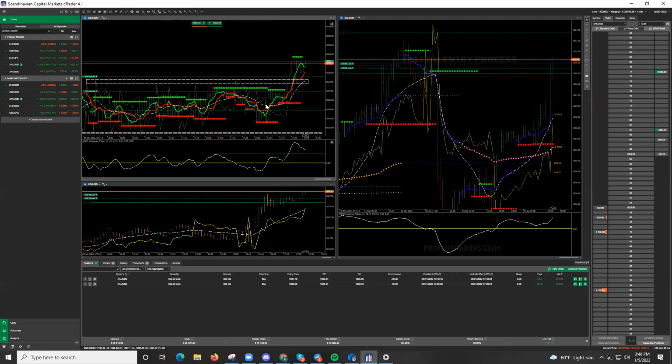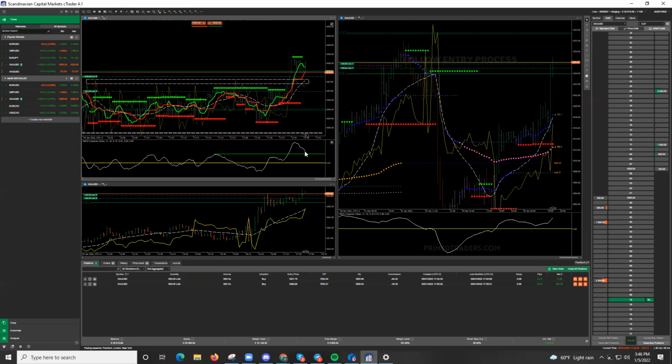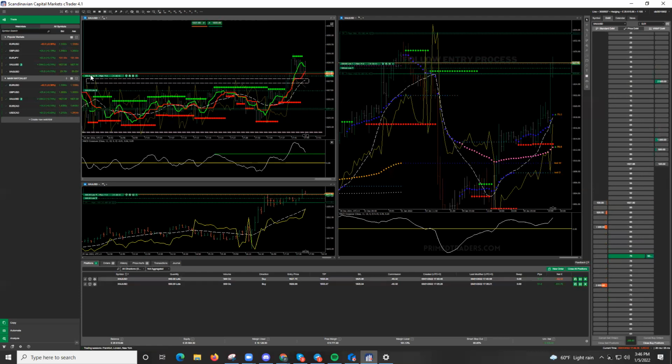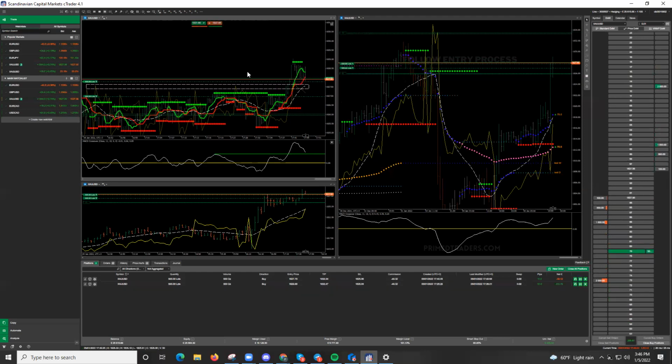Then I add on this white snake level and I say, okay, so we held the snake. Can we hold it one more time? And then I'm going to pay attention to that because now we're forming a higher low. So on this higher low, we could completely fail. This could completely fail and price could come tumbling back down and go straight for my SL. So now from €1,000 profit or whatever it was, I can take a loss of 888 and another 400 something. You understand? I can lose like 1,300 euros, boom, in a second.